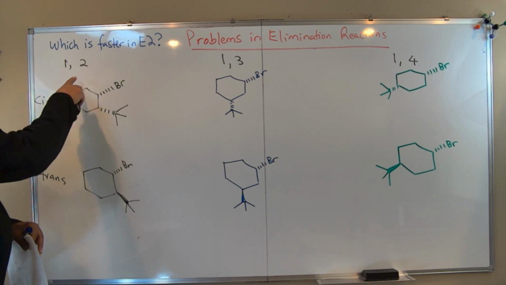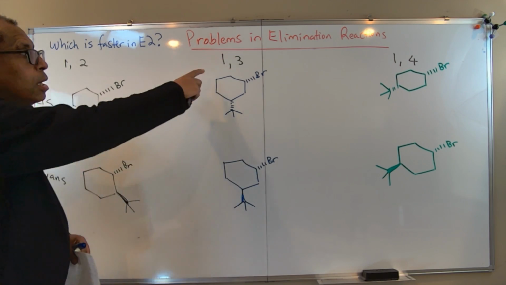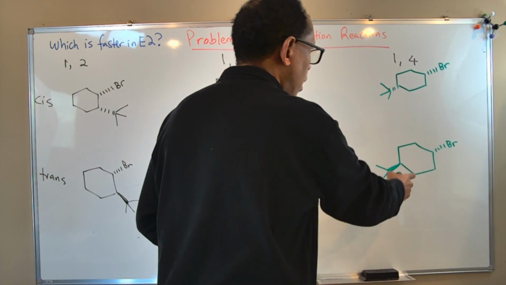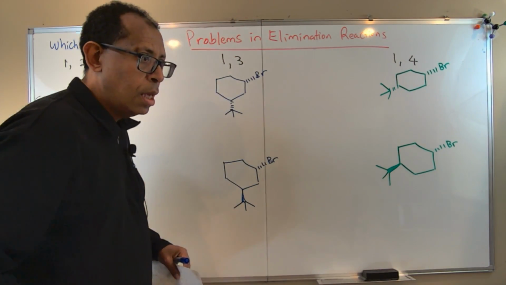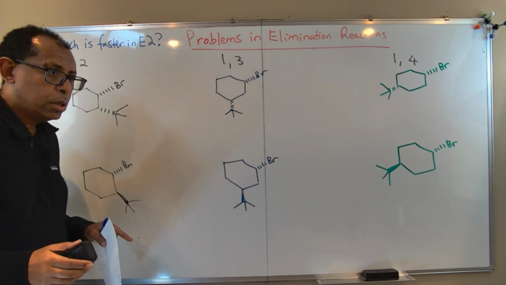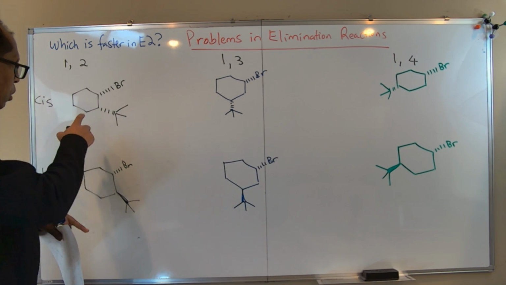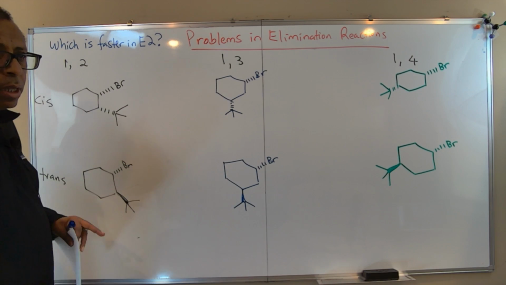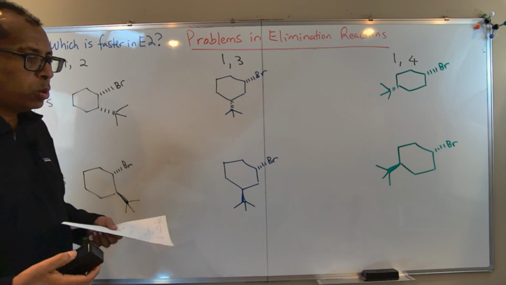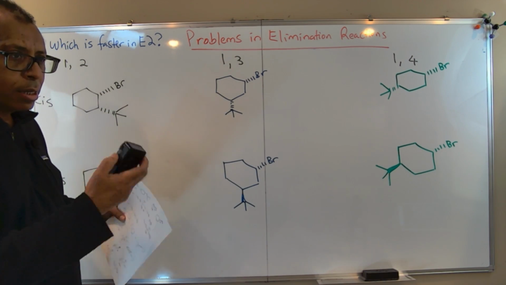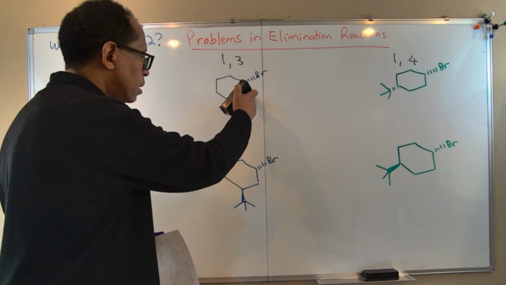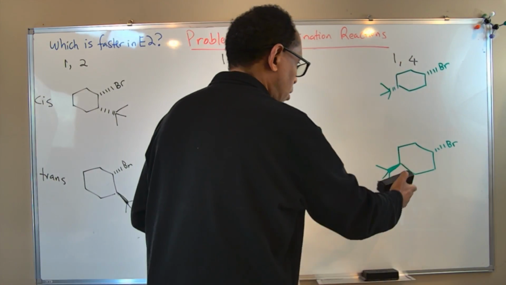One is cis, one is trans. In these compounds, you want to see between the cis form and the trans form which one would react faster in an E2 reaction, which one eliminates faster than the other. So we'll compare the cis and trans of each.